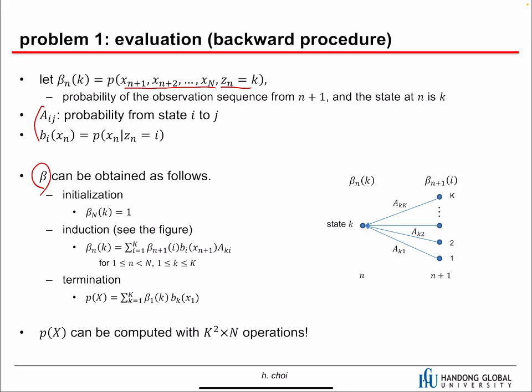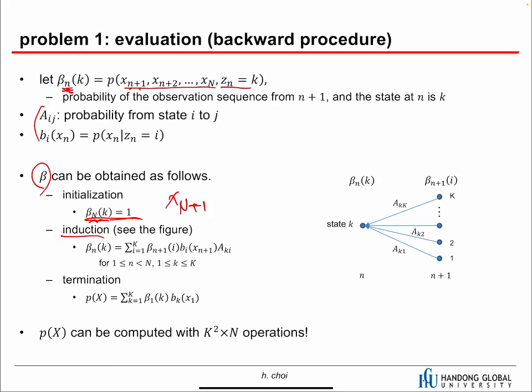Initially, we define beta N of k as 1. If it is N, then the observation goes from xN plus 1, which is not there. So we just initialize beta N of k to 1.